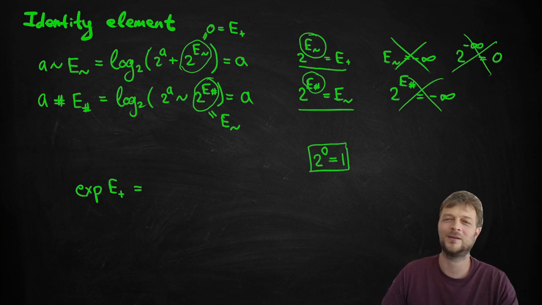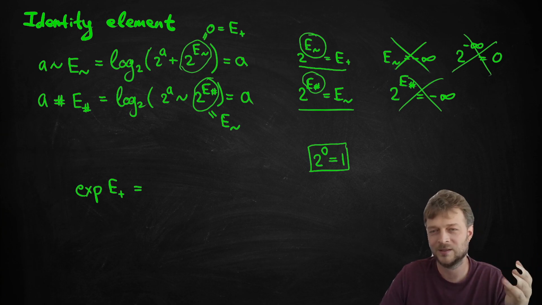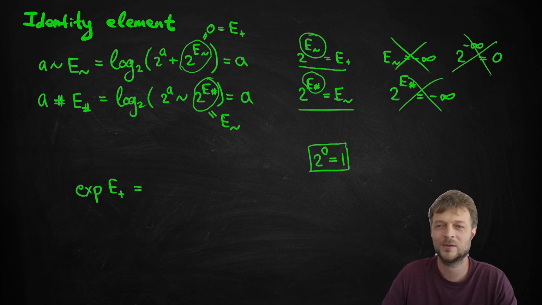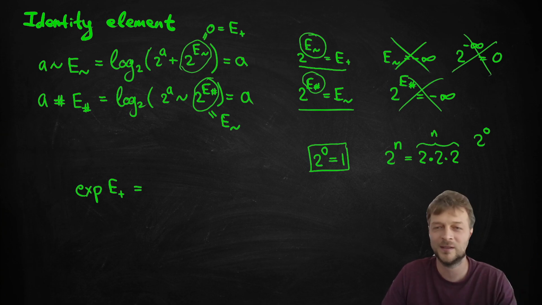There is actually no explanation or computation for 2 to the power 0. 2 to the power n is clear. That by definition means take 2 n times and multiply, right? But 2 to the power 0 is different. We just say by definition, if I take 2 to the power 0, I get 1. So what we do with E tilde and E sharp is not different from that by definition.